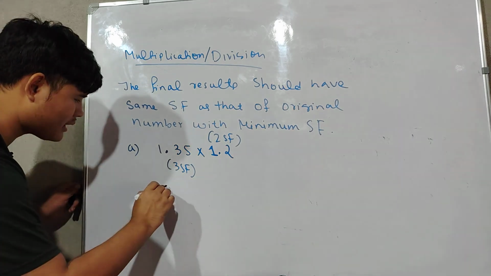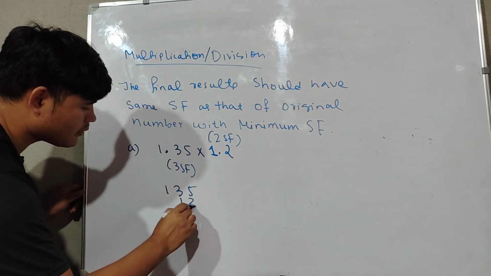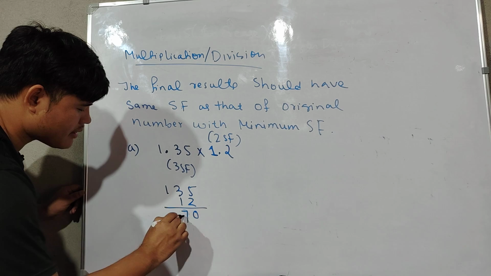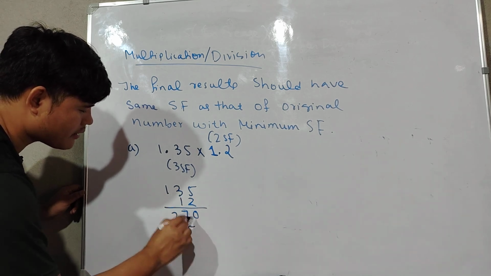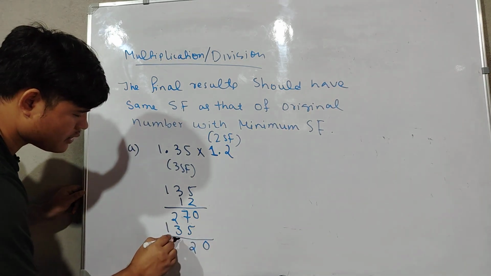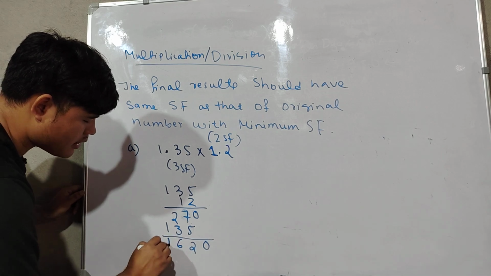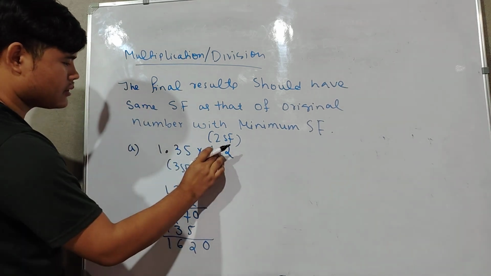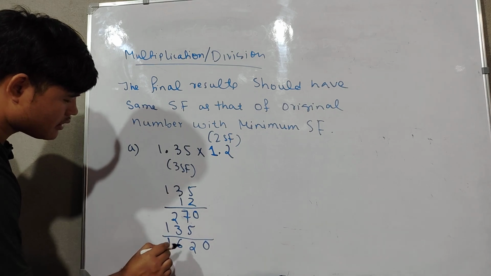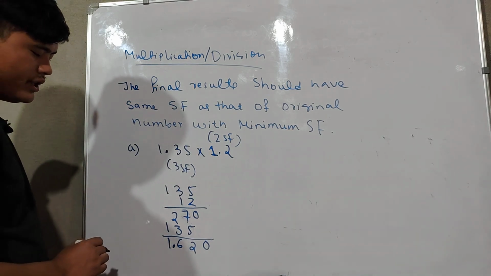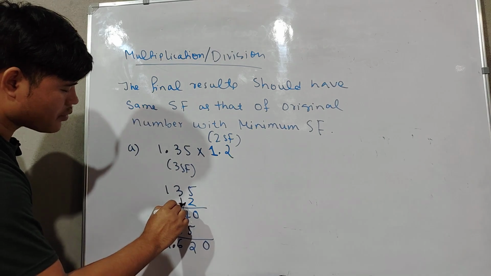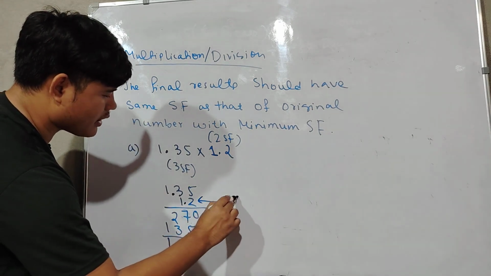So now let's do the multiplication: 1.35 times 1.2. We get 1.620, right? Now after rounding off, we should have only two significant figures.